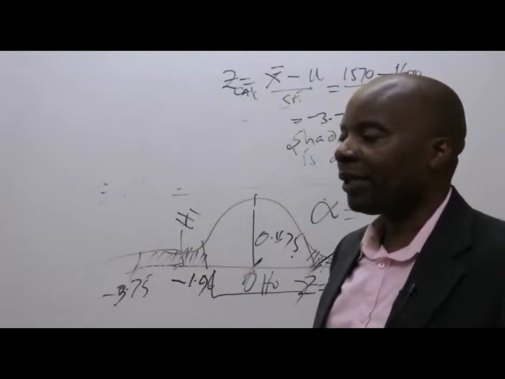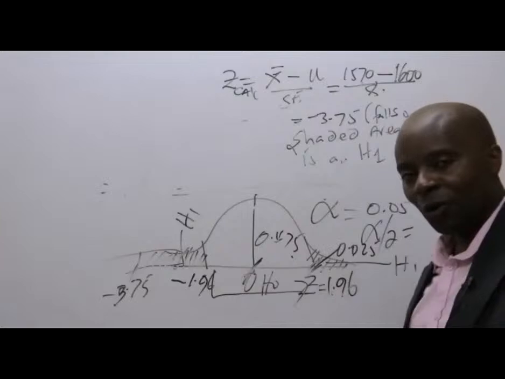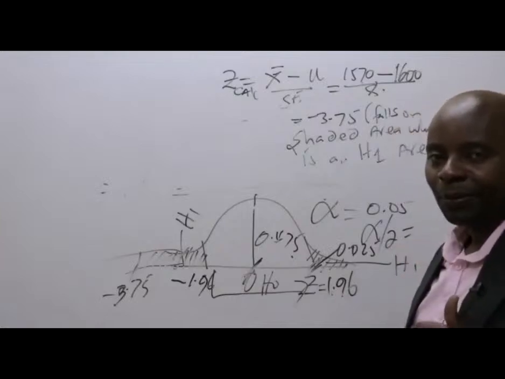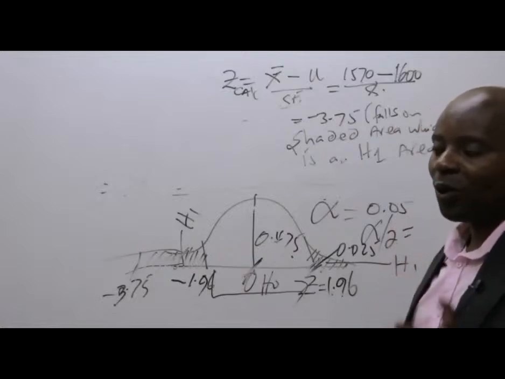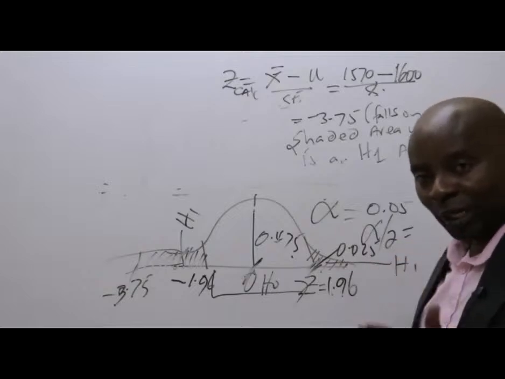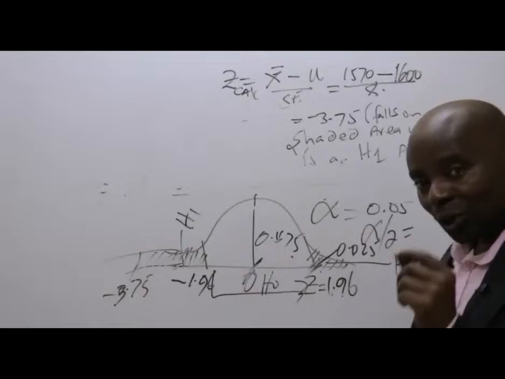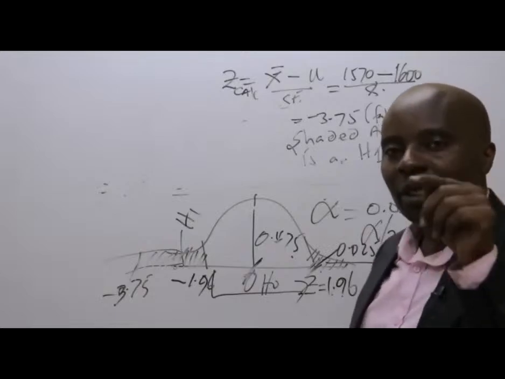So the moment I've hit there, I'm telling the examiner that therefore we can only accept H1, because we have fallen on the H1 area. Meaning that the null hypothesis is not true.